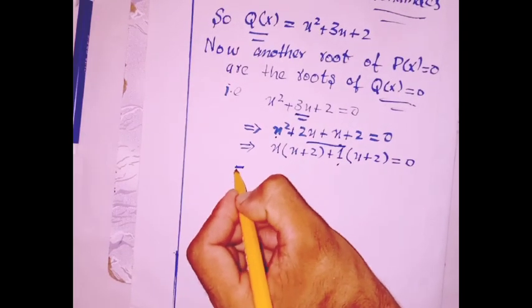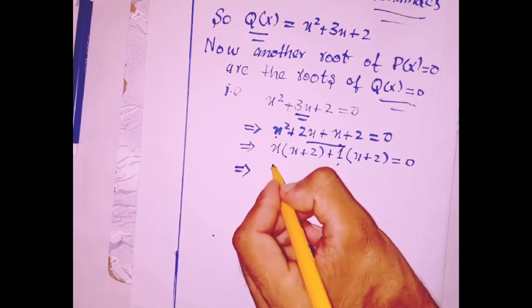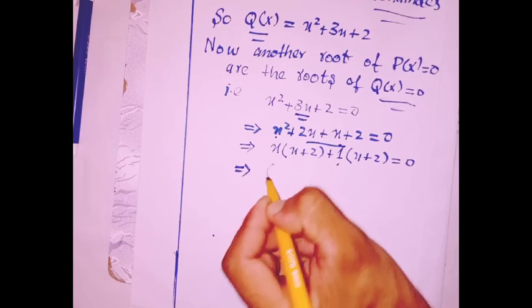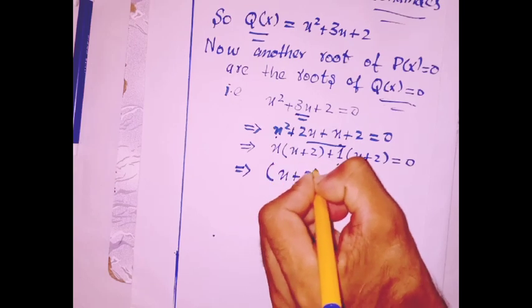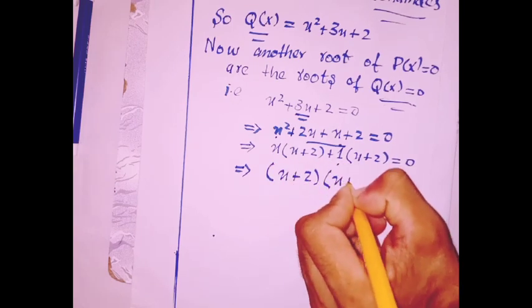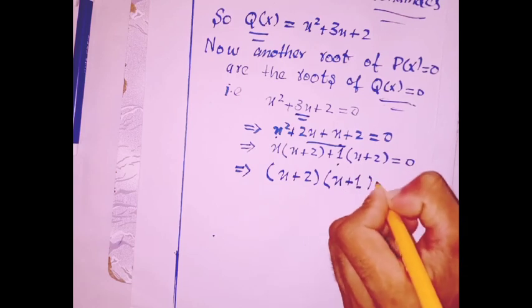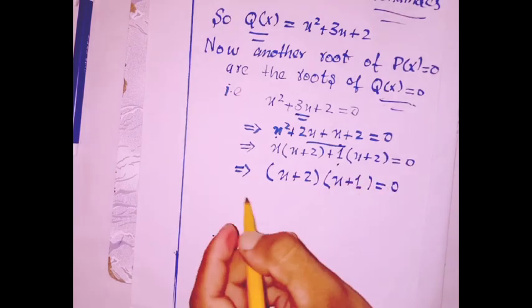Now we can write x plus 2 and x plus 1 is equal to 0.